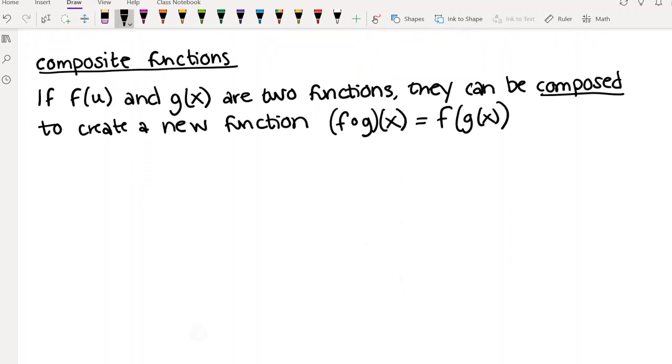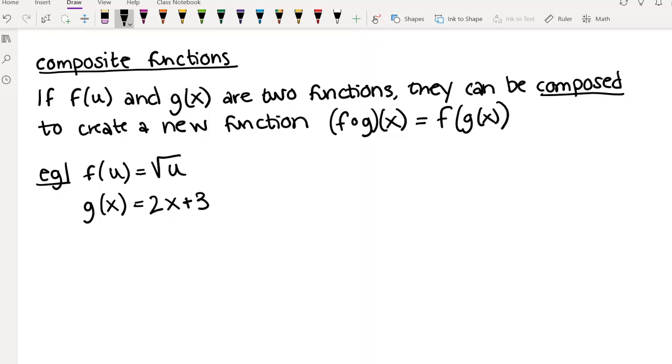So let's look at an example of this. Let's say that we have a function f of u is equal to the square root of u, and g of x is equal to 2x plus 3. So what would their composite function be? What would we get when we compose them?